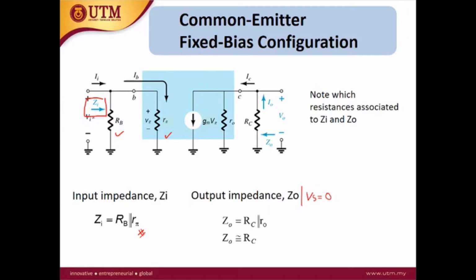When the input becomes 0, V pi also becomes 0, and there will be no current here. GM V pi also becomes 0. So what remains is R0 and RC. So Z out is equal to RC parallel with R0. If R0 is infinity, Z out is equal to RC.